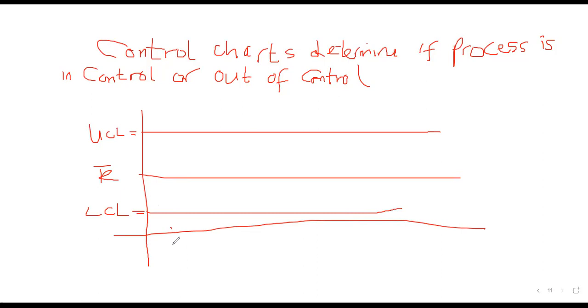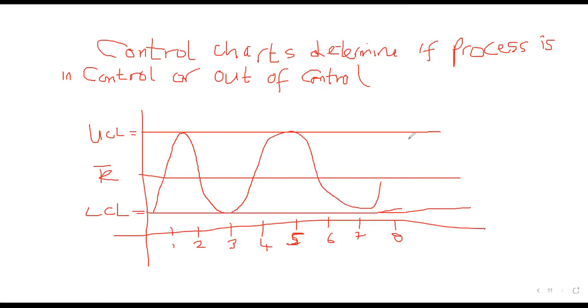So if data point 1, 2, 3, 4, 5, 6, 7, maybe 8 here, as we draw, are within the boundaries, it means the process is in control because it falls within the limits.